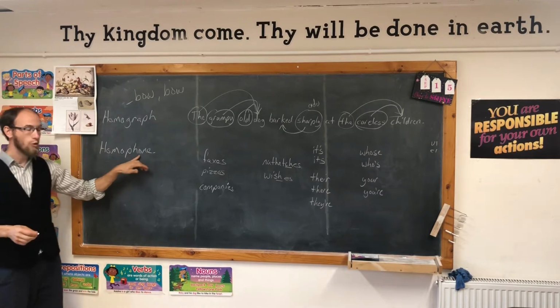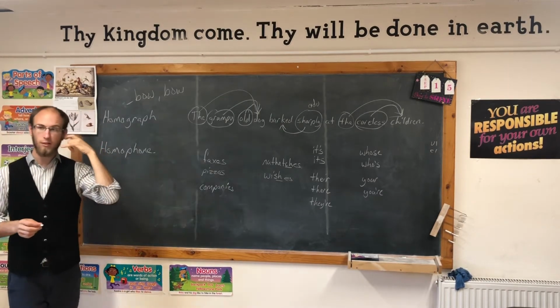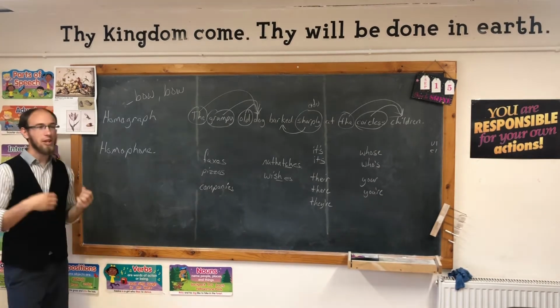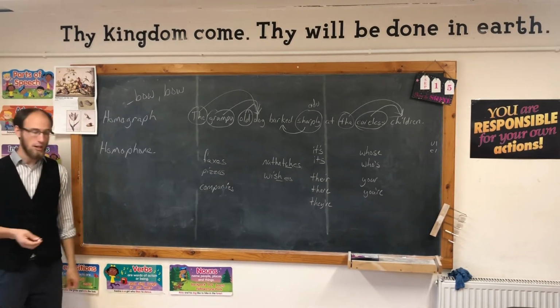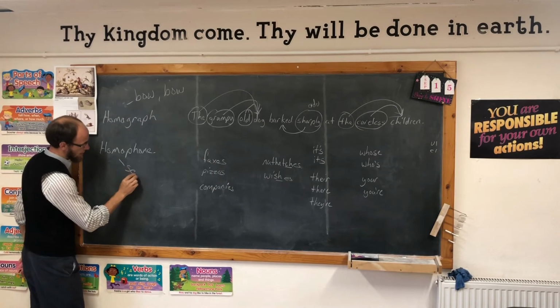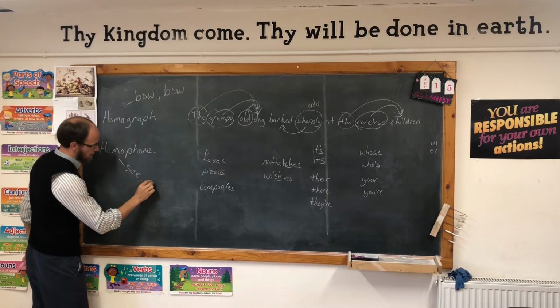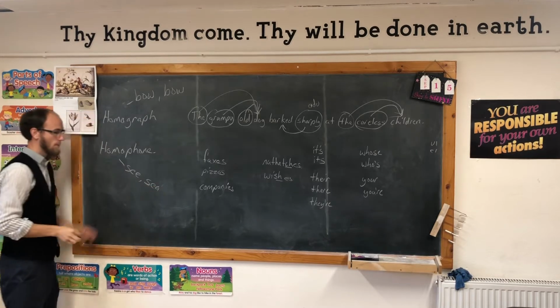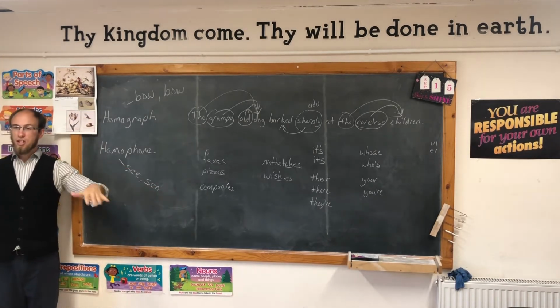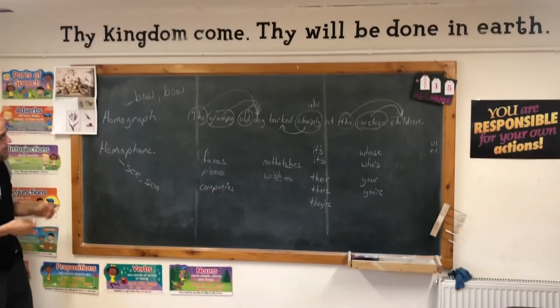Now homophone, phone gives the idea of what you hear, of your ears. So these ones will sound the same, but they can be written differently. Two that are good for this, that sound the same, see and sea. I can see with my eyes, but I go to the sea, to the ocean, to go fishing.